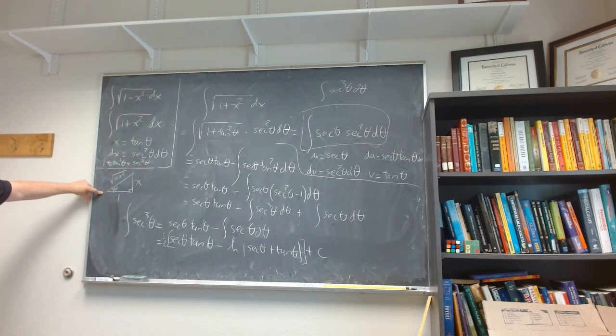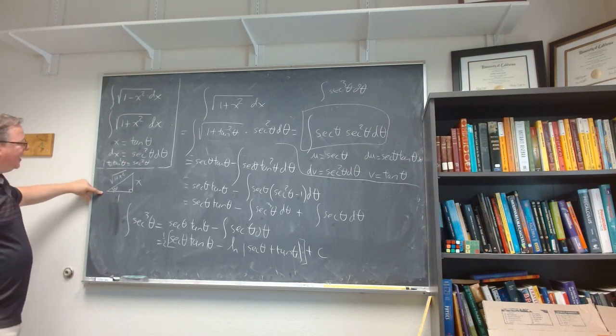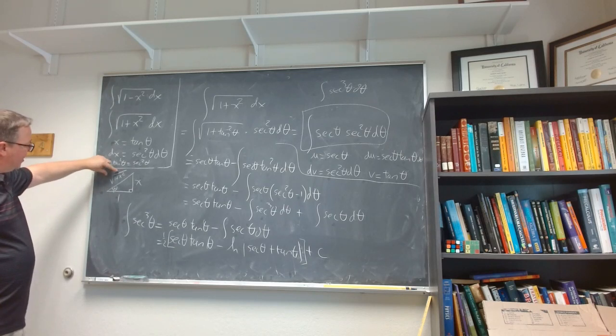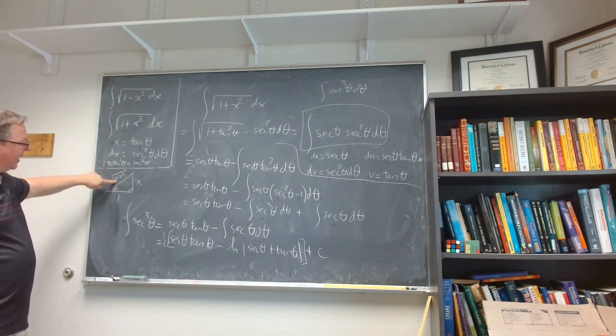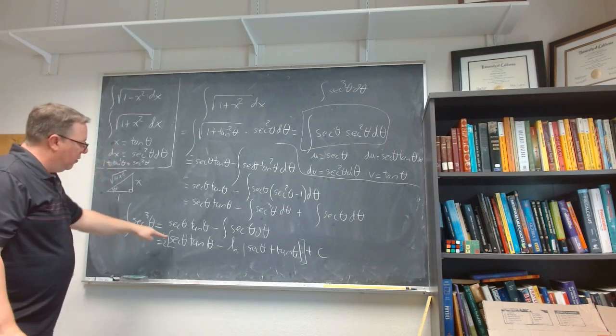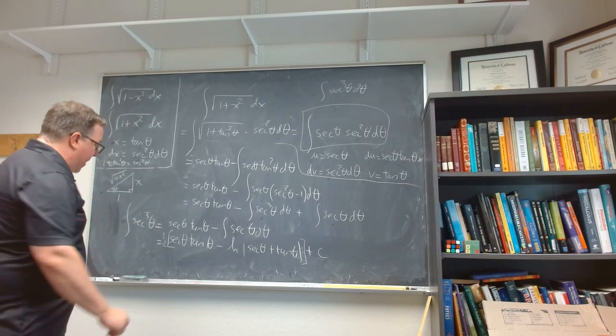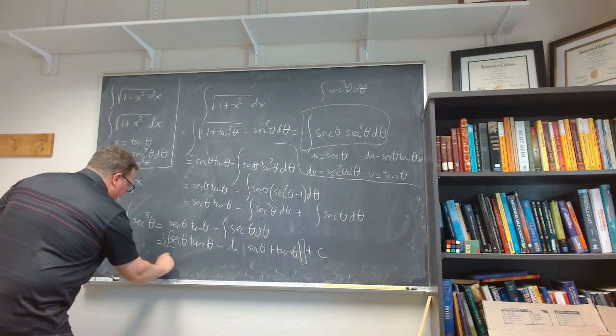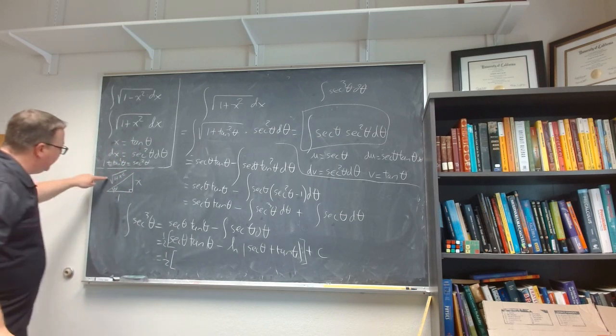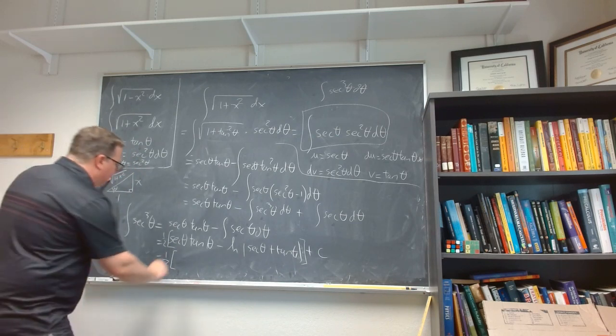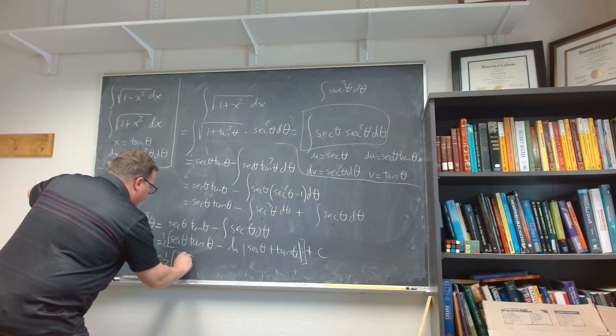So that means that when I'm trying to find what the secant of theta is, the secant is going to be the square root of 1 plus x squared. So when I'm solving this equation and back substituting, I will have 1/2. My secant becomes the square root of 1 plus x squared.